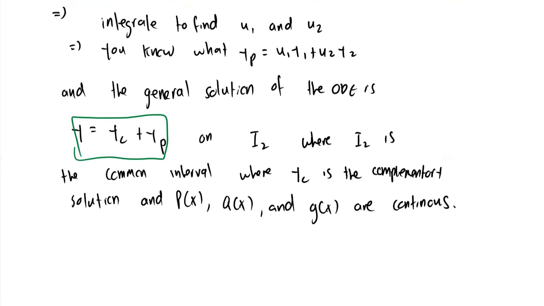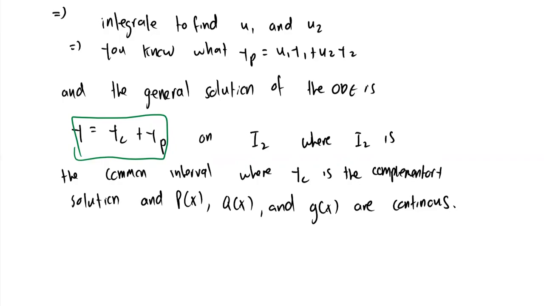It doesn't necessarily have to have constant coefficients, as long as we have the complementary solution and as long as P, Q, and G are continuous on a common interval where the complementary solution is the general solution of the homogeneous case.